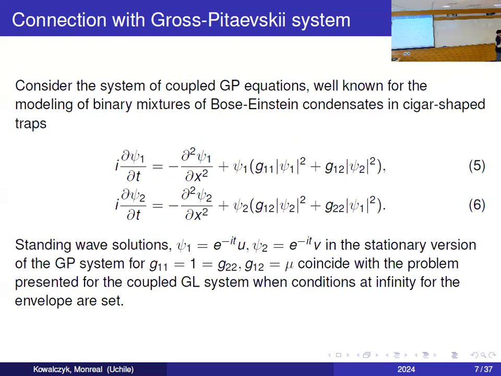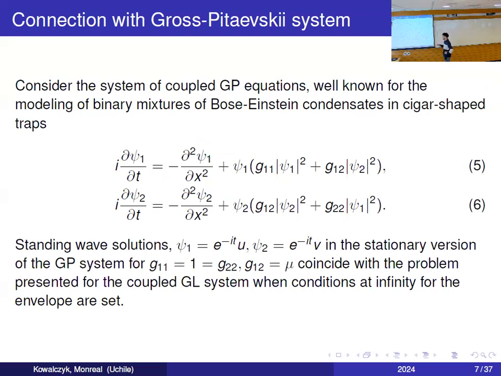Okay, so we have Ginzburg-Landau and pattern generating systems, and at the same time, the other one, we have the connection with system. This is a nonlinear version of the Schrödinger equation, and in the case of modeling binary mixtures of Bose-Einstein condensates, this system appears.